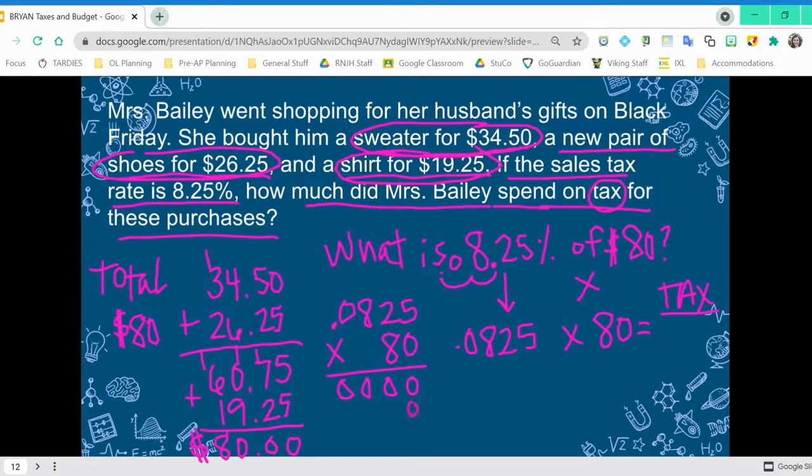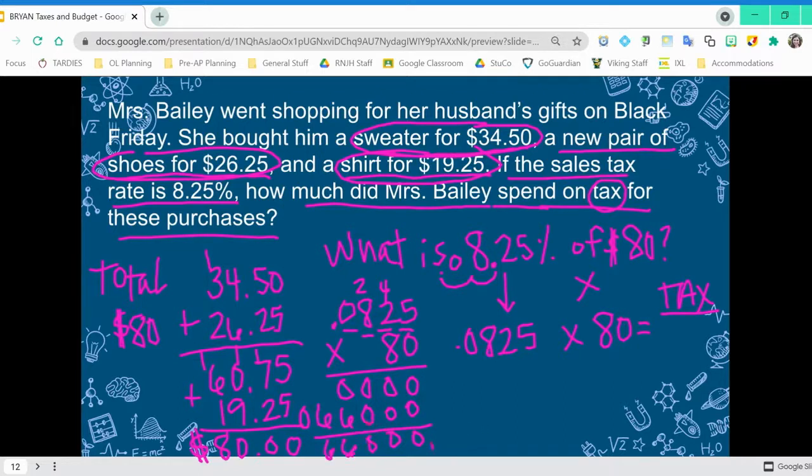Next line, we're going to start with a 0. 8 times 5 is 40. 8 times 2 is 16, plus 4 is 20. 8 times 8 is 64, plus 2 is 66. And then 8 times 0 is 0. We're going to move the decimal over 1, 2, 3, 4 times. Oh, forgot to add, sorry.